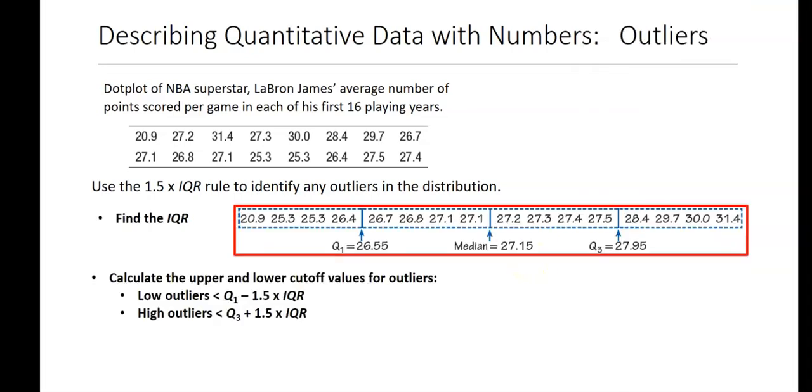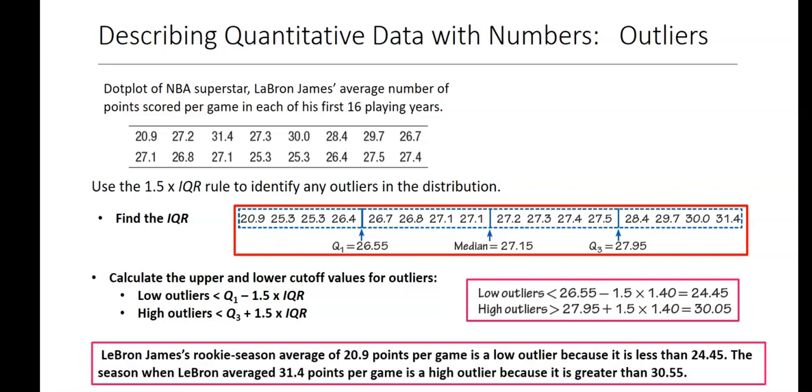Let's see what we did. So they found Q3, Q1. They subtracted. They got 24.45 and 30.05. So 20.9 was his rookie season. It's nice to know. And then he had one season of just so high, 31.4. That's pretty solid. Jordan-esque there, because Jordan used to score a ton, I feel like.